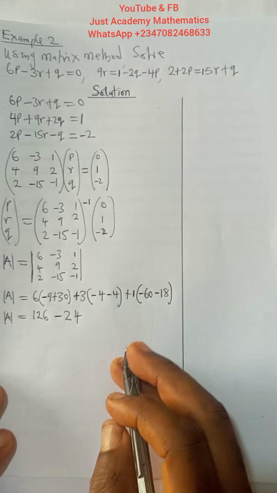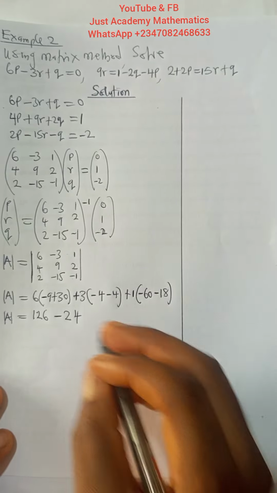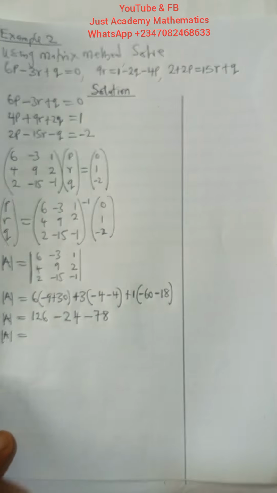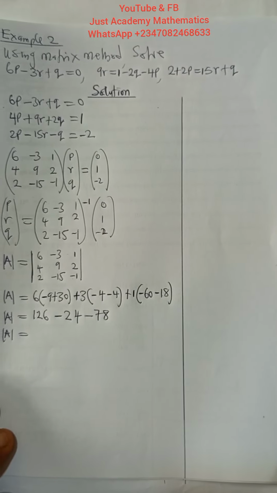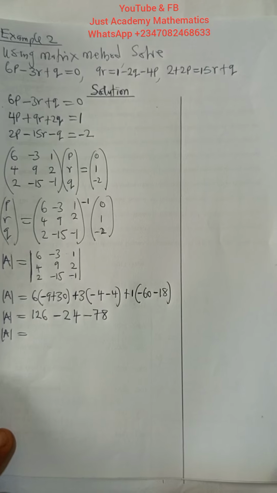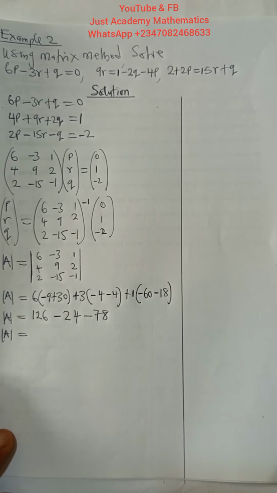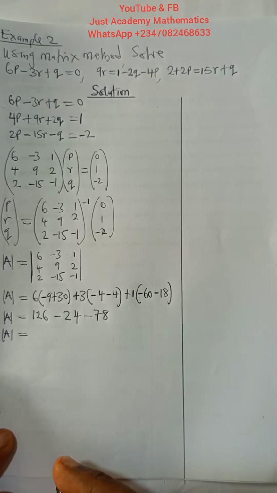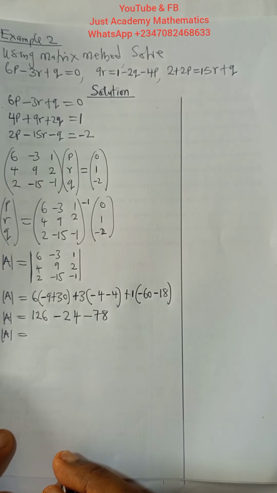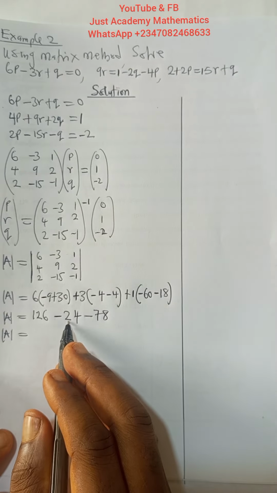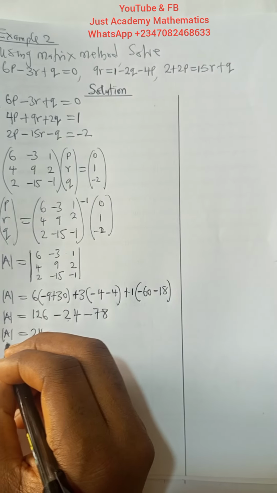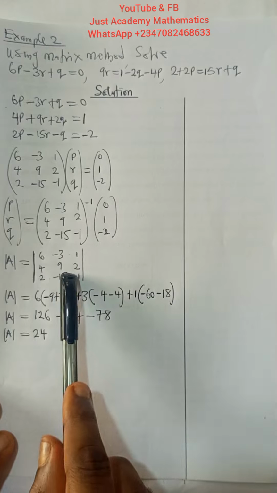And of course, this will give us minus 78. So the determinant of A ends up as 126 minus 24 minus 78. That will give us 24. 126 minus 24 minus 78 gives us 24. So that is the determinant of this matrix.